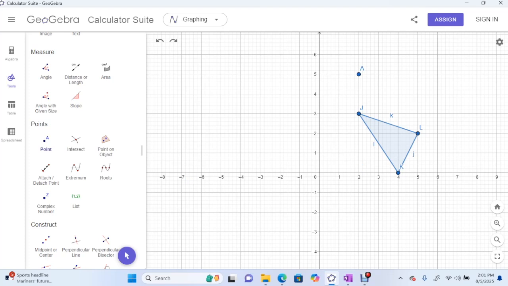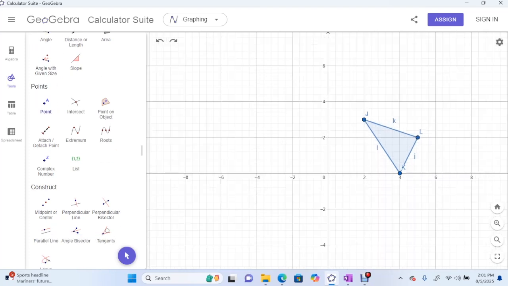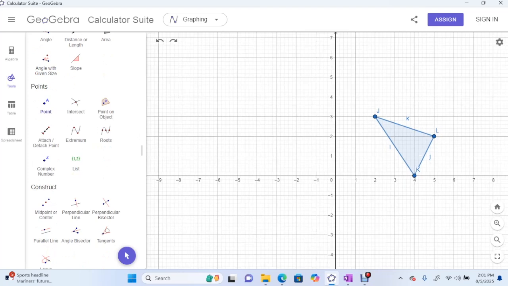Okay, so rotating 90 degrees, what I wanted you to see is I needed my pen to be able to write on the screen, but it's not writing. I'm going to show this on OneNote.